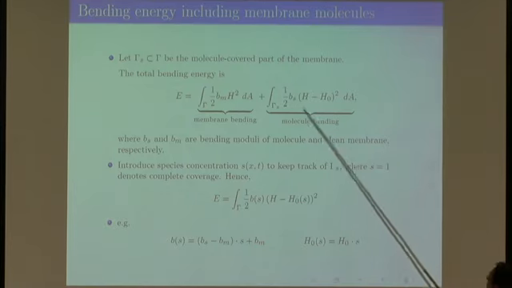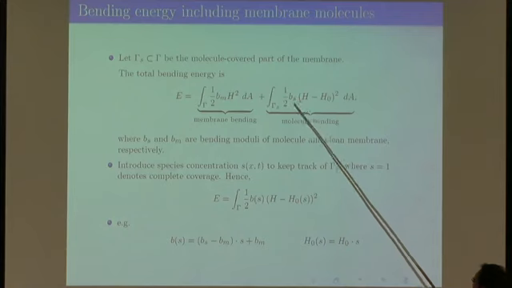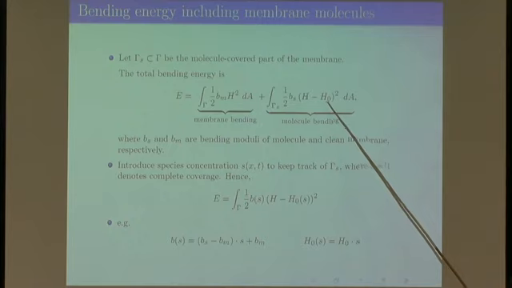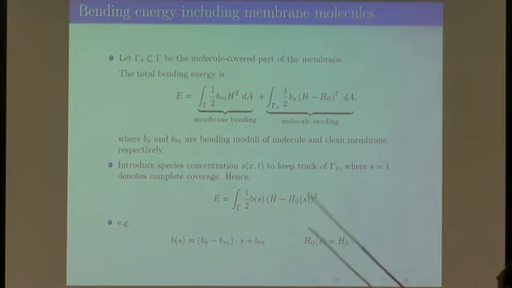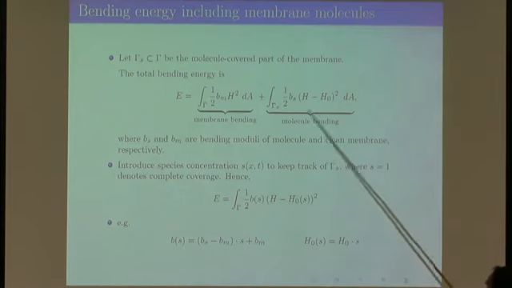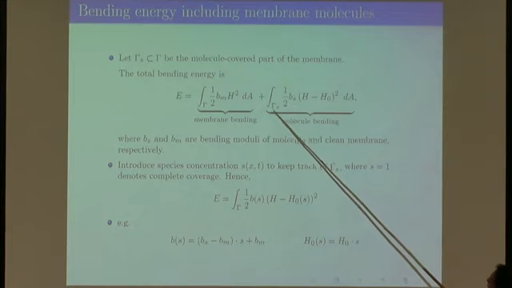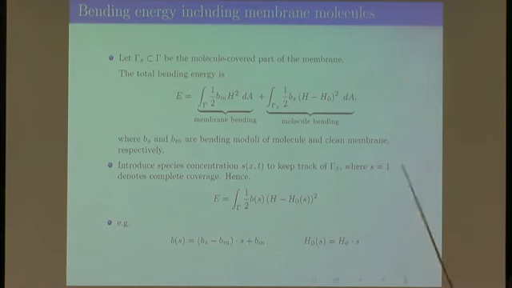But these curvature-inducing molecules have different bending stiffness, and they have some spontaneous curvature because they like to be curved. And this is then integrated over a part of the membrane. So gamma S indicates the part of the membrane which is covered with these curvature-inducing molecules.